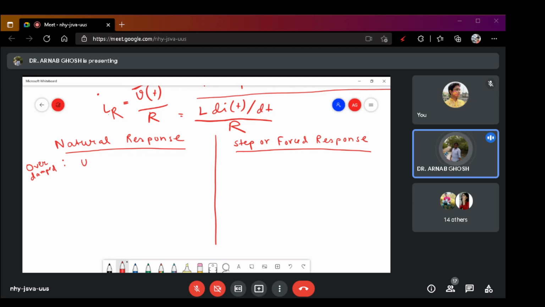What is the overdamped ratio? Vt is A1 e to the power s1t plus A2 e to the power s2t. Here it will be equal to Is plus A1 e to the power s1t plus A2 e to the power s2t. Right?